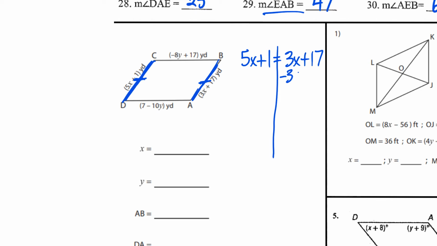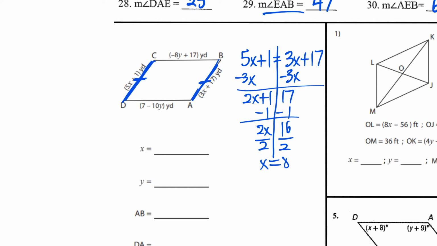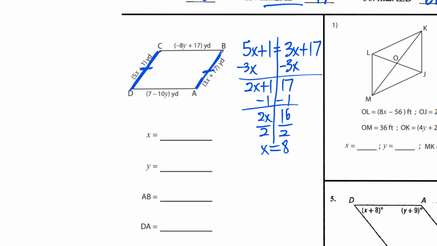Just solving for x, subtract 3x on both sides. So 2x plus 1 equals 17. Subtract 1: 2x equals 16, divided by 2. So x equals 8.